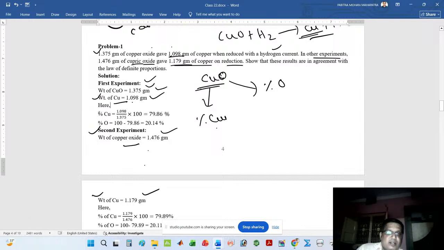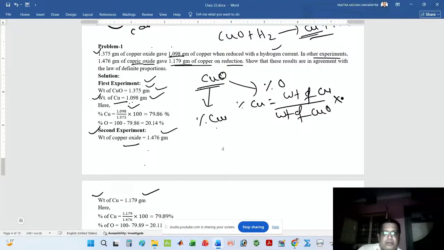If I want to find the percentage of copper, you can write 1.098, this is the weight of copper. Percentage of copper means weight of copper divided by weight of copper oxide into 100.